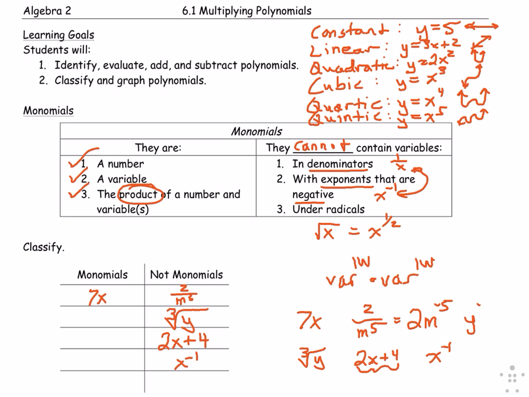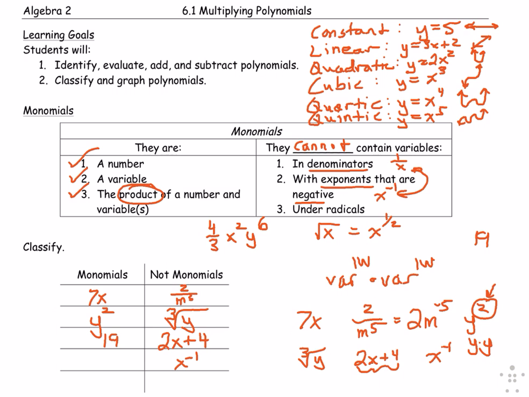y squared. Well, that's just a variable times a variable, and we have an exponent that's positive, so this is going to be a monomial. And the exponent was not a fraction either. 19. Just a constant, so that's a monomial. 4/3 x squared y to the sixth. Think about that one for a moment.